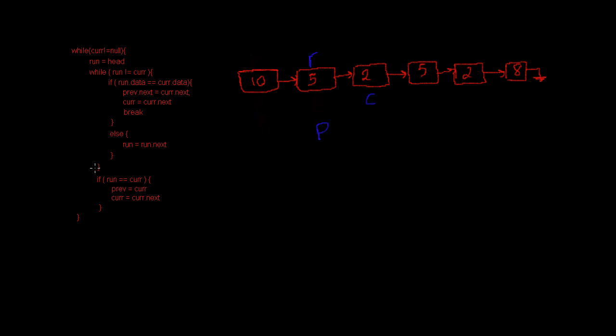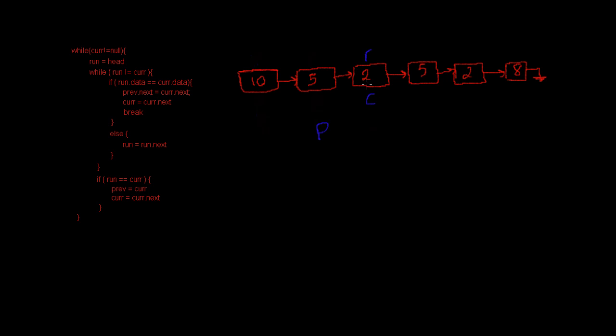Then you're gonna go to the beginning of the big while loop and set the runner to be at the head of the linked list. Then you check again if the runner and current have the same data. They don't, so you're gonna move your runner, and then you're going to check again. They don't have the same data. You're going to move your runner again.